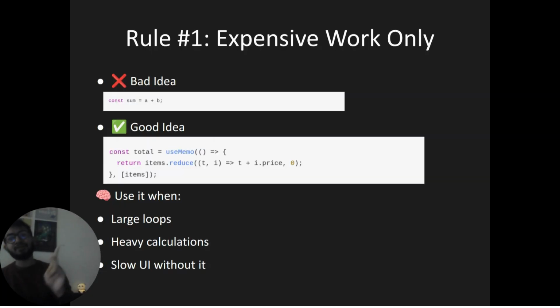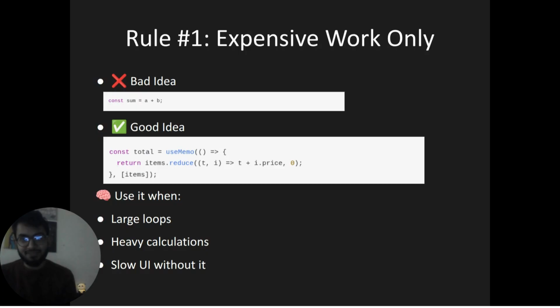So rule number one is expensive work only. If you use useMemo for simple calculations, it doesn't add any value for you. Here is an example: const sum = a + b. This is a bad place to use useMemo because it is a very simple calculation.